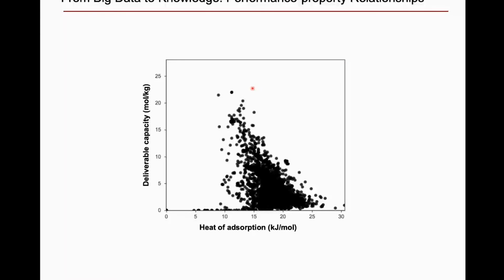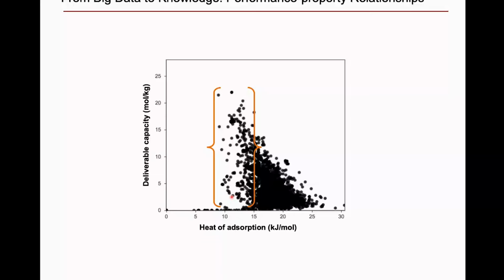But if you look closer, you can see that in the same region of 10 to 15 kilojoules per mole, I have my outstanding materials that are all the way up here, but I have a bunch of rubbish structures with very, very low deliverable capacities all the way down here. Okay. So the question is, what is the difference between these structures? Like all these outstanding structures and all these structures that are not performing so well.